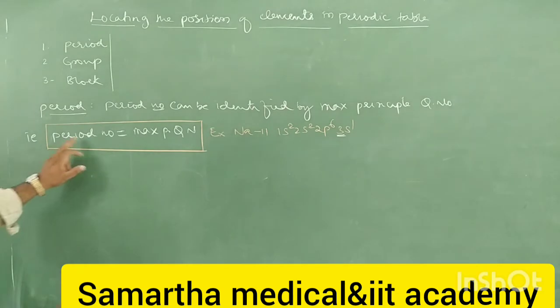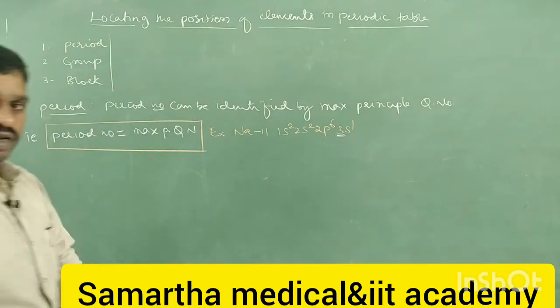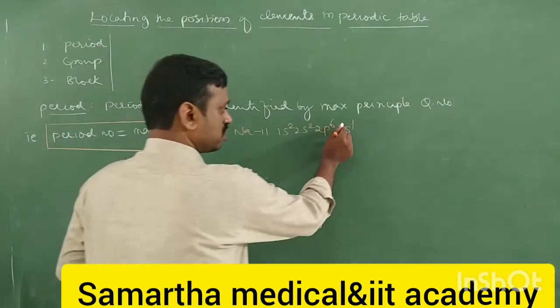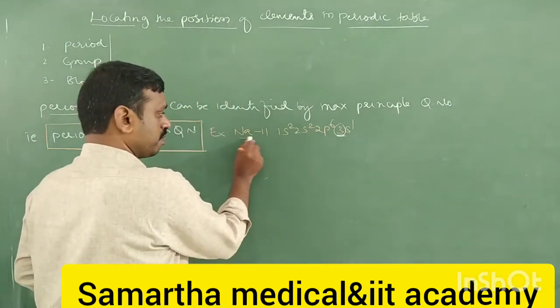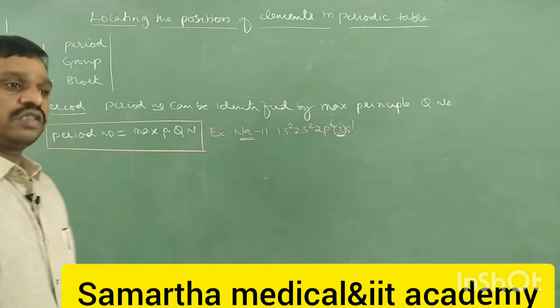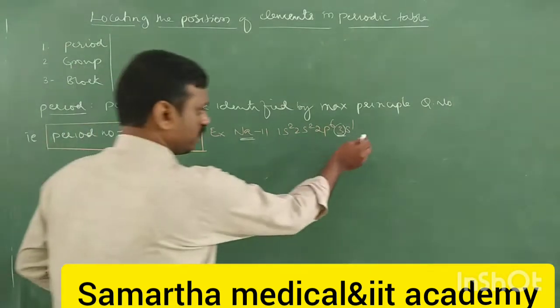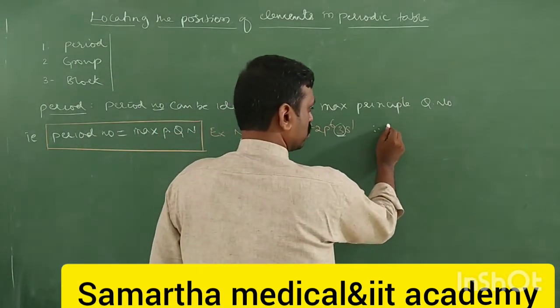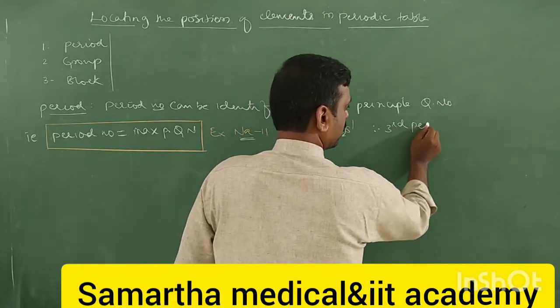But period number equals the maximum principal quantum number, that is 3. Therefore sodium belongs to the third period, right?